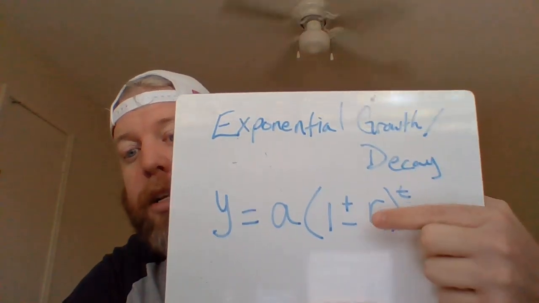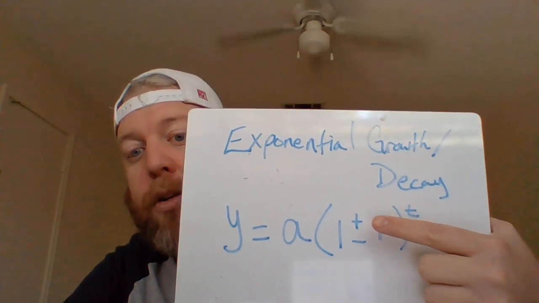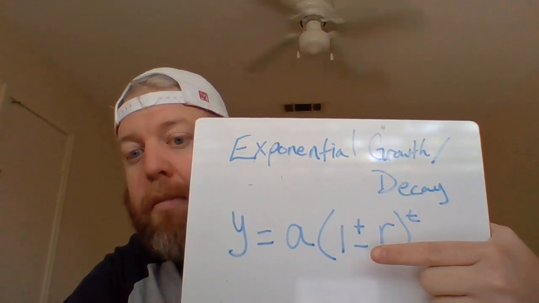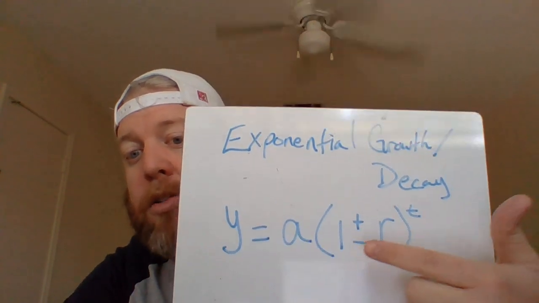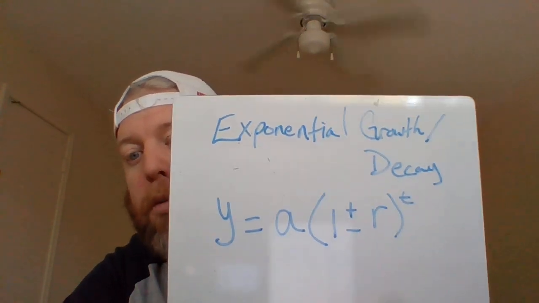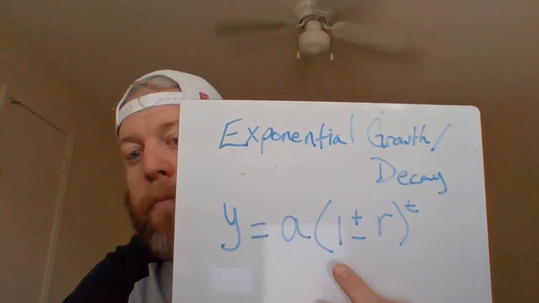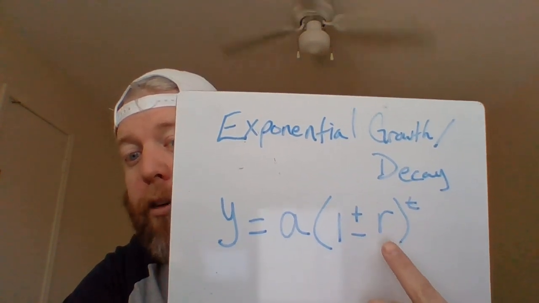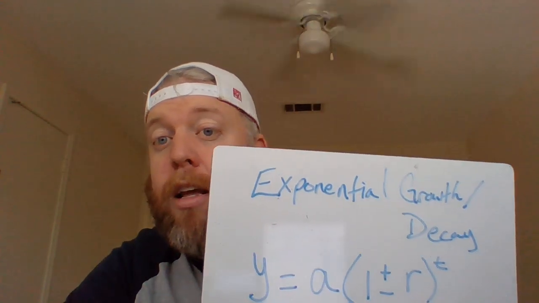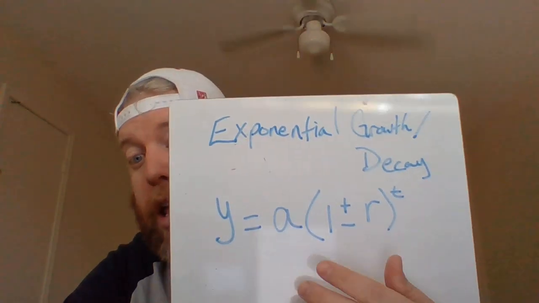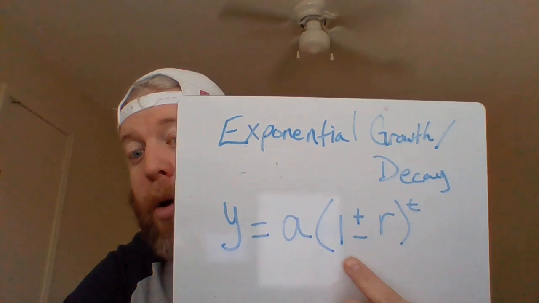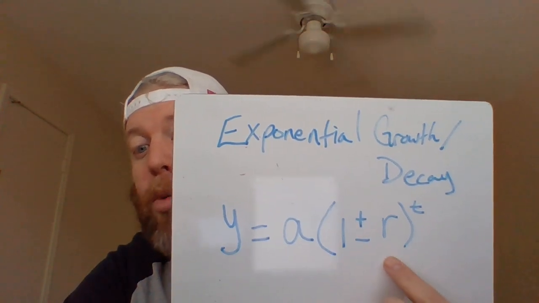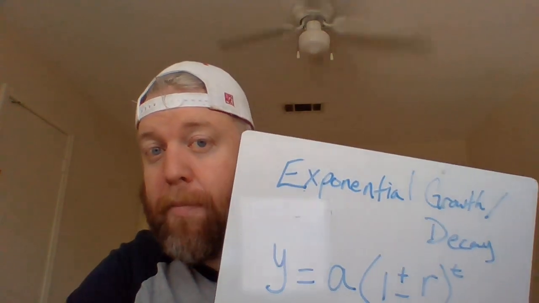Now, this plus or minus here, this tells you if it's exponential growth, plus, or decay, minus, okay? So if we think about it, if we're multiplying a value by something that's greater than 1, plus a rate, then it's going to grow. If we multiply a value by 1 minus a rate, something less than 1, then it's going to decay, okay?